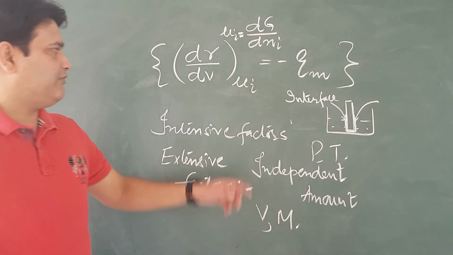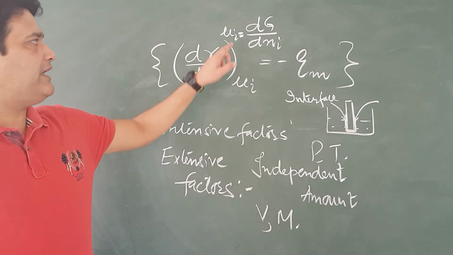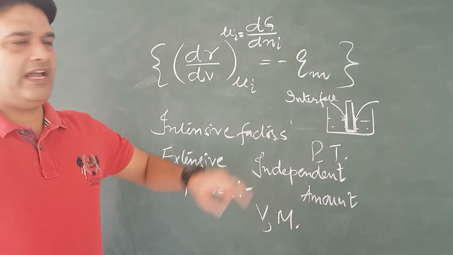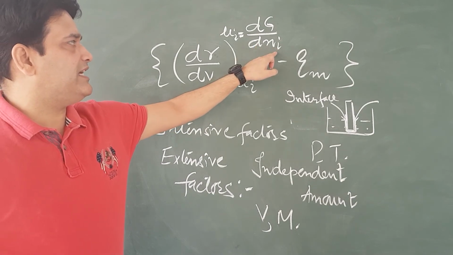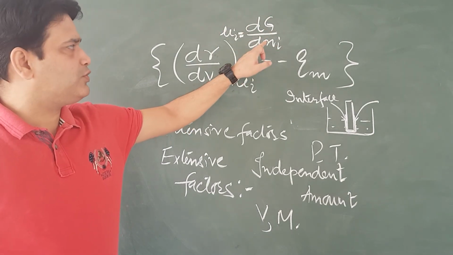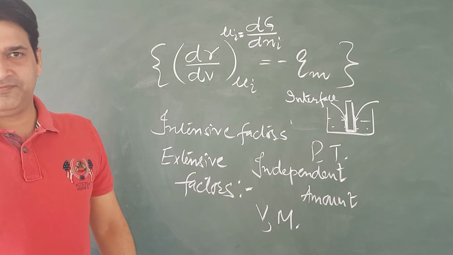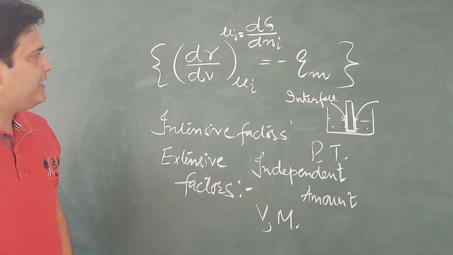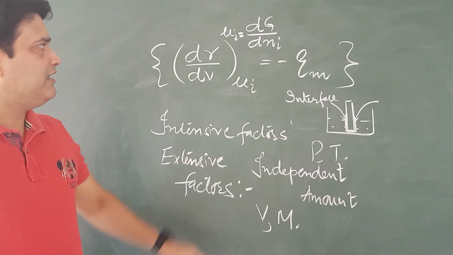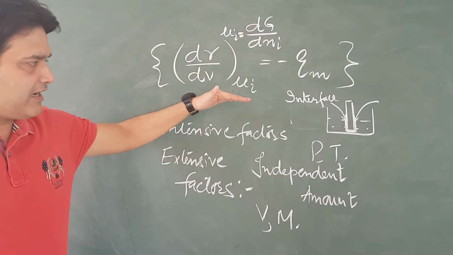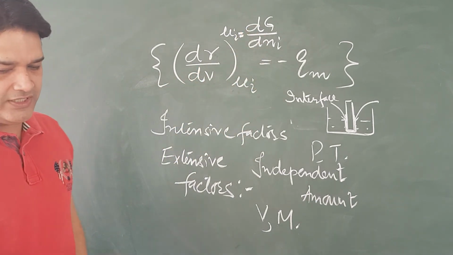Mu I is the chemical potential and it is change of Gibbs energy with respect to change in the number of moles, or you can say the composition. So this is all about chemical potential and Gibbs energy related to the Lippmann equation.